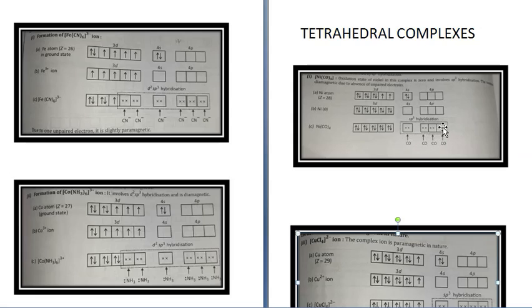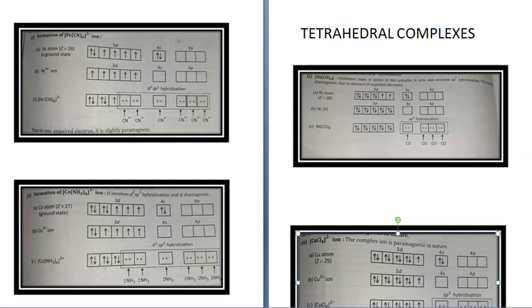So the complex is formed, Ni(CO)₄, and in this complex you can see each orbital is filled with 2 electrons. All the electrons are paired. So what type of complex will it be? When all the electrons are paired, it is diamagnetic because there is no unpaired electron.